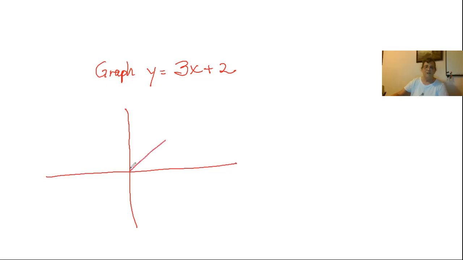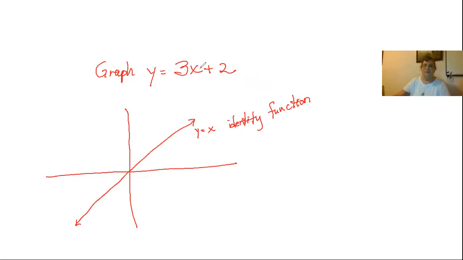The basic line bisects the first and third quadrant. That's y equals x. They call that the identity function. Because every point has the same number for its x and a y.